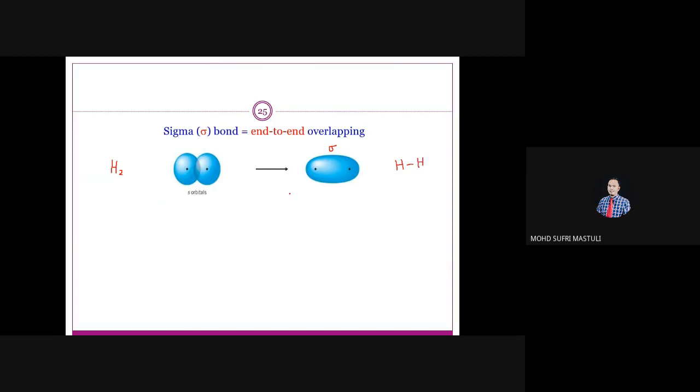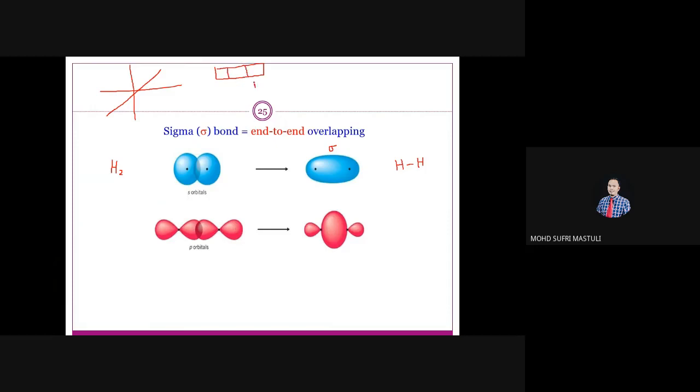Another overlapping can also be from px and px. If you still remember x, y, and z, so the px, py, pz like this. This is a px. This is a py. This is a pz.